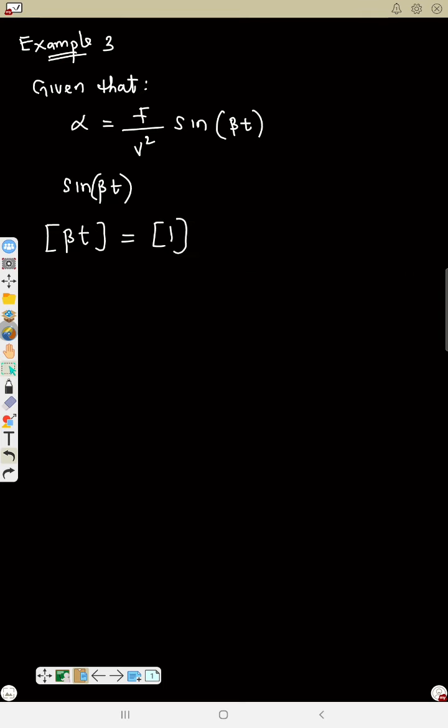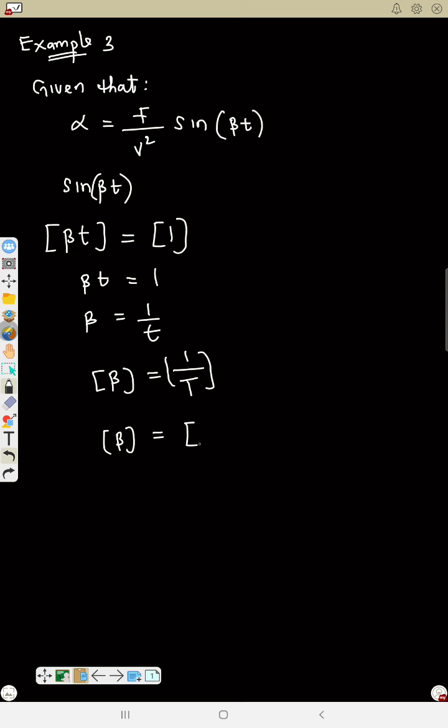So now, beta t is equal to 1. What is beta? Beta is 1 over t. So the dimension of beta is equal to 1 over t. You know t is time. So beta is t raised to power minus 1.